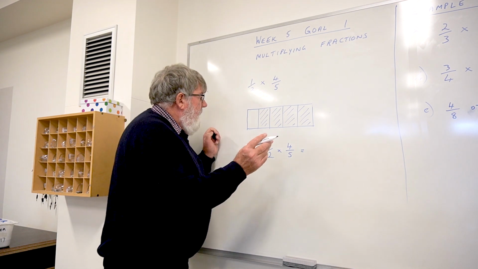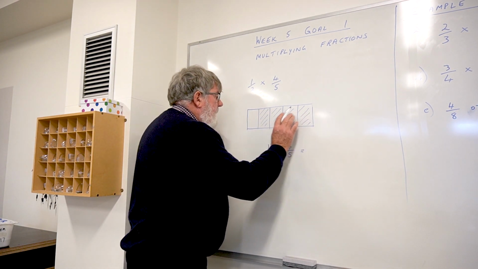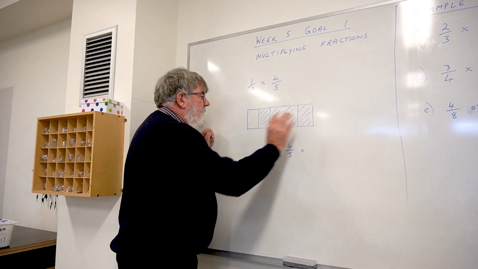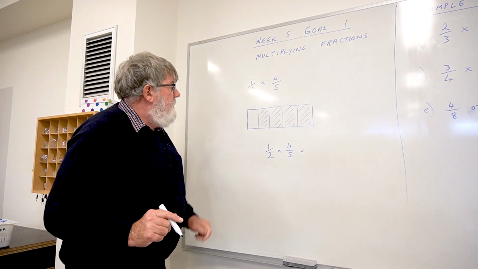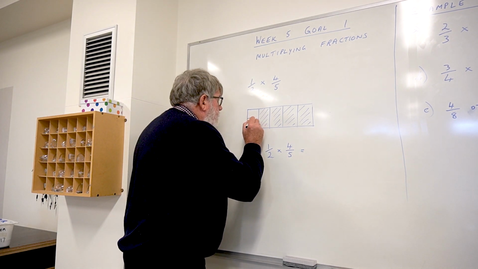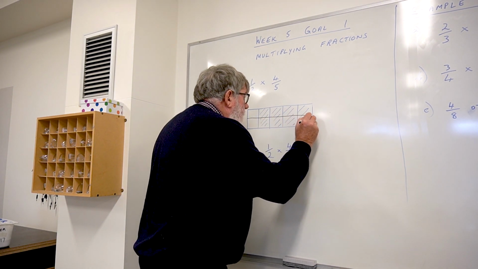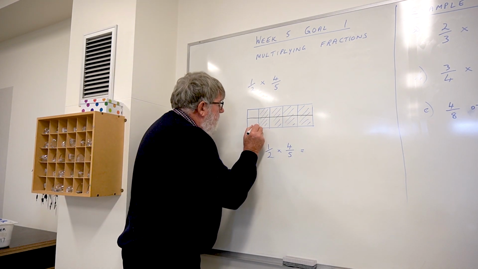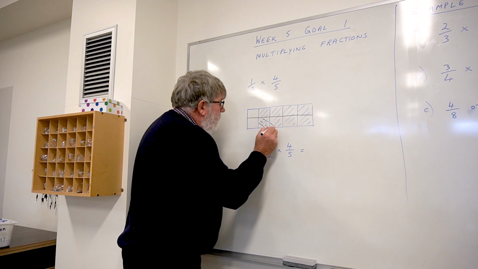I've drawn a diagram here, and you should see that I've got 5 parts and 4 of them are shaded. That then represents 4/5. What happens if I then halve it? Essentially, I can put a line through there and halve it. So the bits that I now have are these ones.